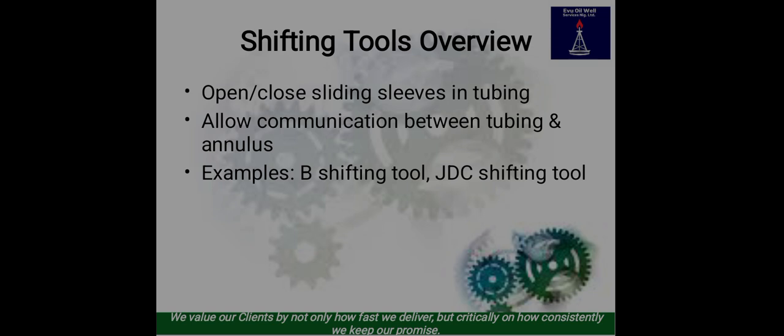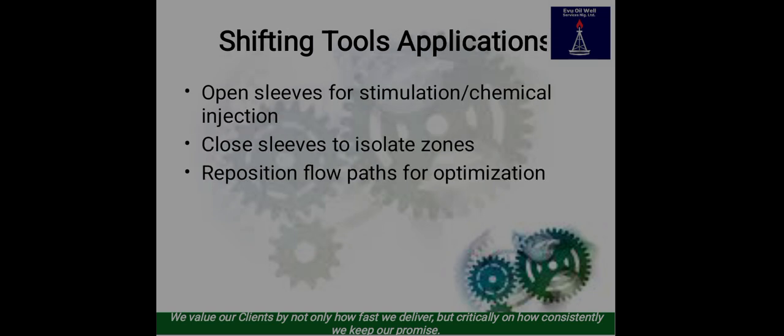Examples are the B shifting tool and the JDC shifting tool. They allow Slickline operators to open sleeves, close sleeves, and reposition sleeves. That's basically what the application of these tools is.